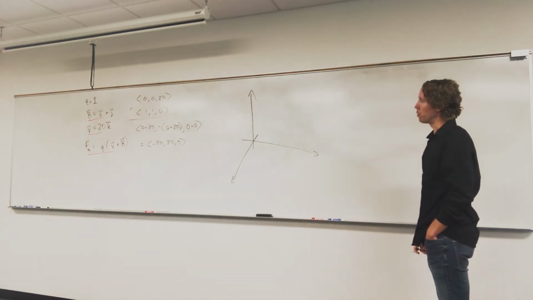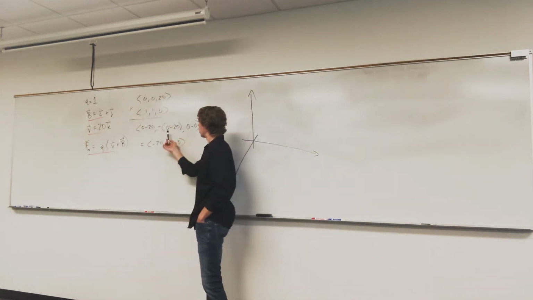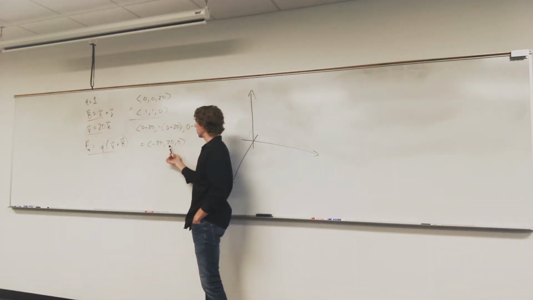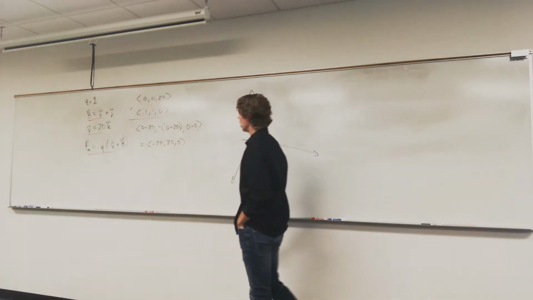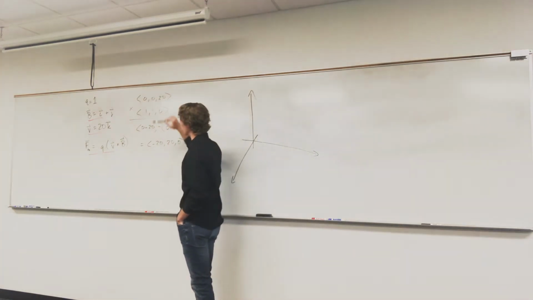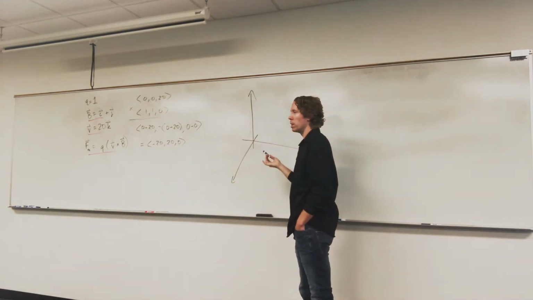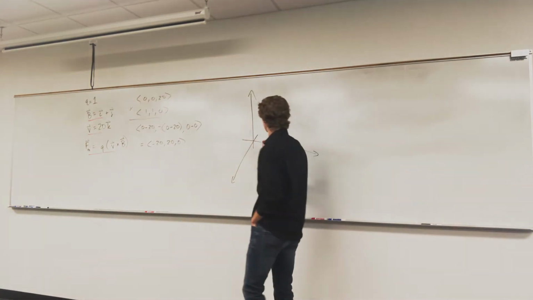All right, let's do B first. First of all, I know that I'm going to need some fairly long lengths here, length of 20 in a couple of different directions. So since B is just 1, 1, 0, it's going to be pretty small in my picture. But I do want to be able to see it and see which direction it's pointing.